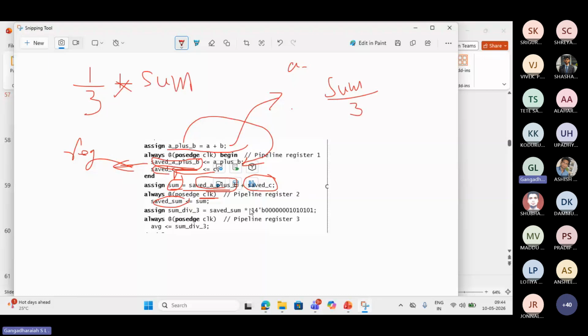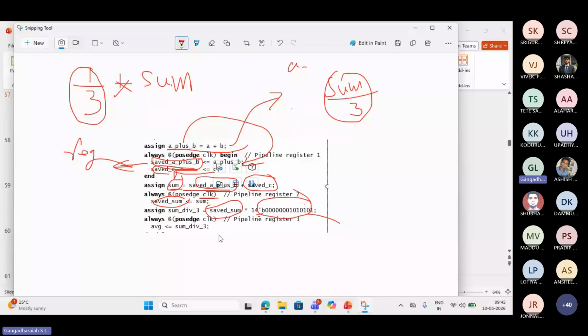That's what is being done here. So this is saved sum, and this is the representation of 1 by 3. You can check this. I'm using 16 bits here to represent this. So this division, I am converting it into multiplication. So this is sum into 1 by 3.